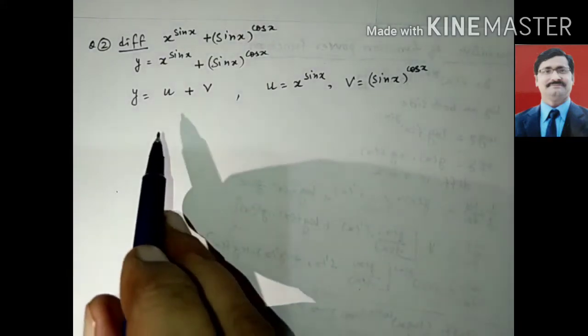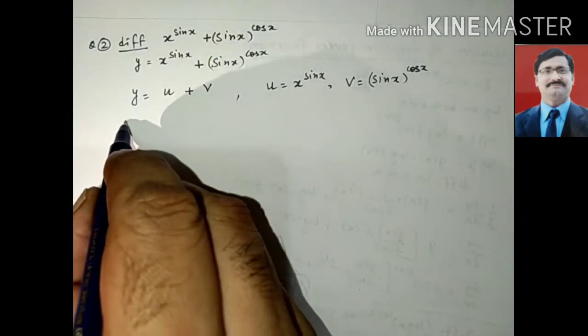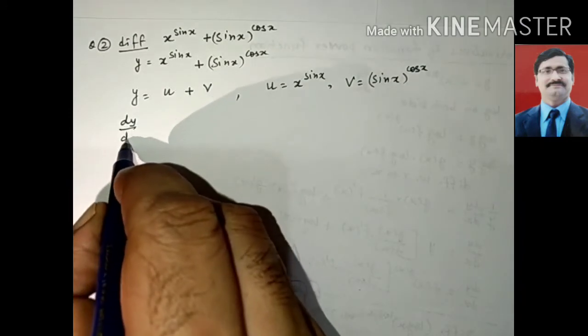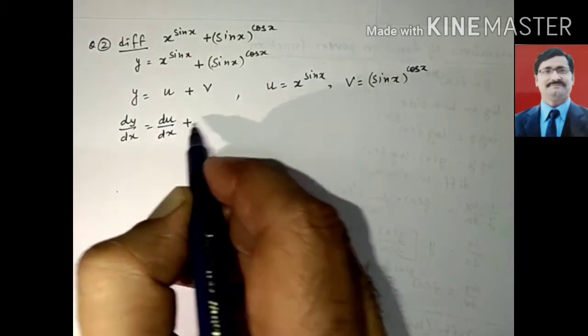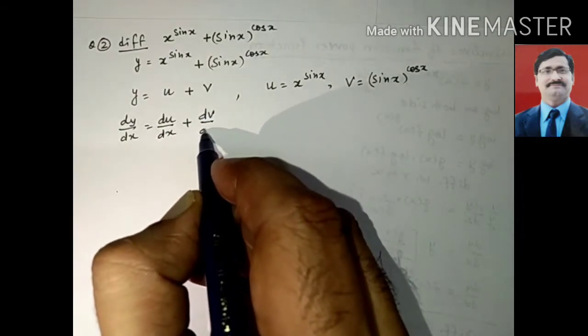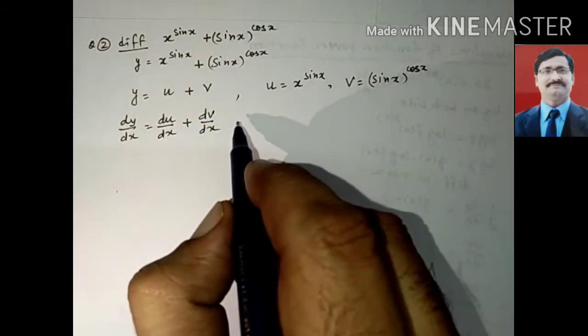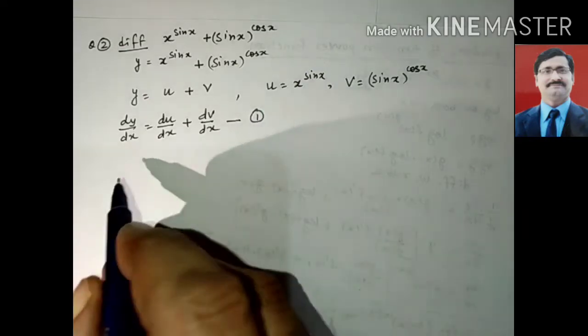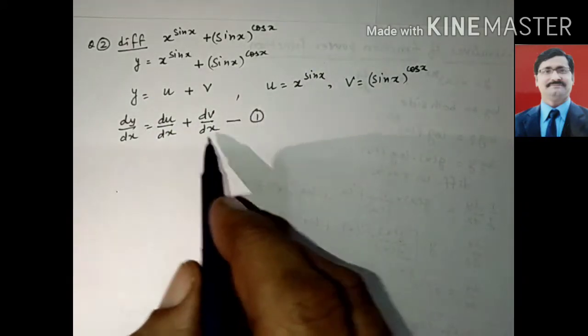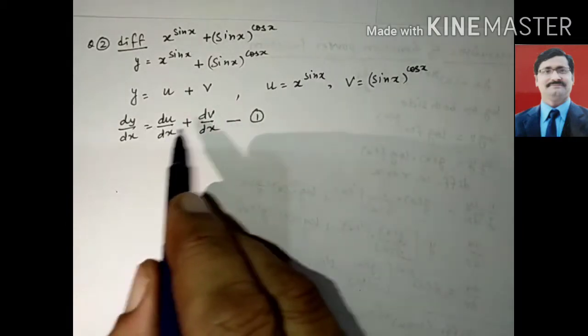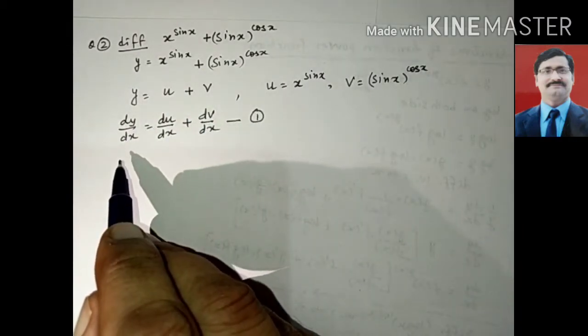Understand this? Now you differentiate, then you will get dy by dx equal to du by dx plus dv by dx. This is your equation 1. First of all you have to find du by dx, then we will find dv by dx and add; both you will add, you will get dy by dx.